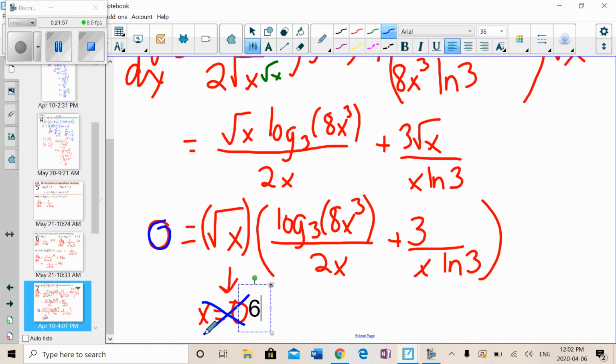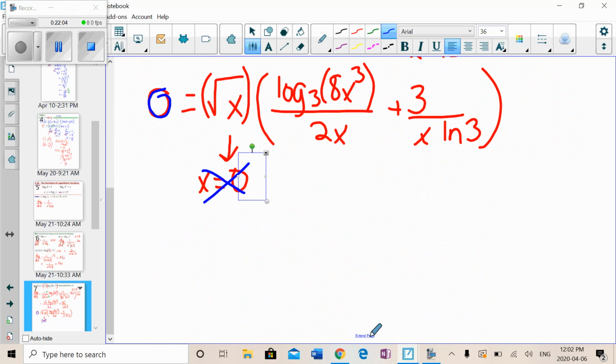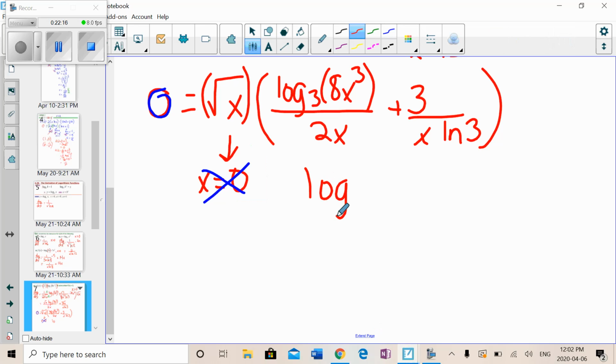So either the first bracket is 0 or now this quantity could be 0. If you looked at the note that was posted before, they solved it a little bit differently. I'm just going to set this equal to 0, so log base 3 of 8x cubed over 2x.